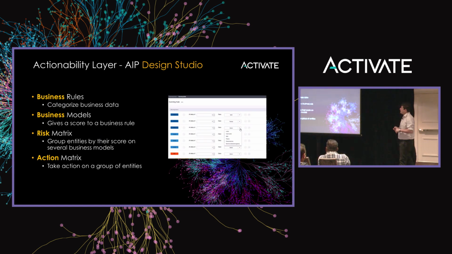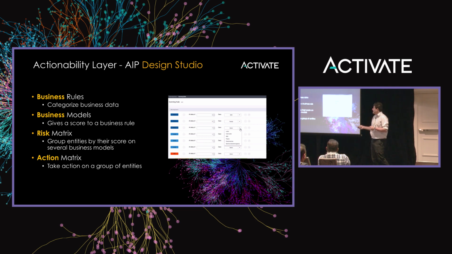Then we have the actionability layer. Like I was saying, the business user can create business rules where they can categorize their business data based on certain rules. Then they can build business models based on those business rules, where they can assign different weights to each one of the different rules.